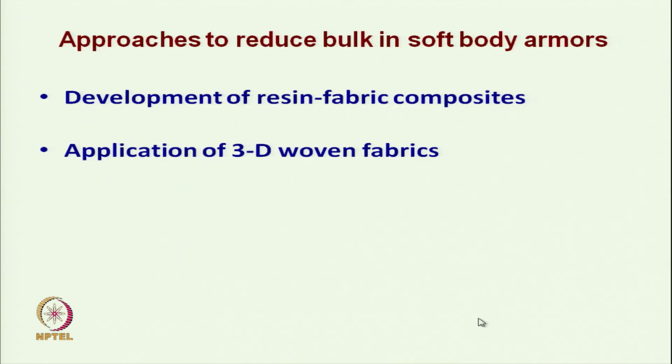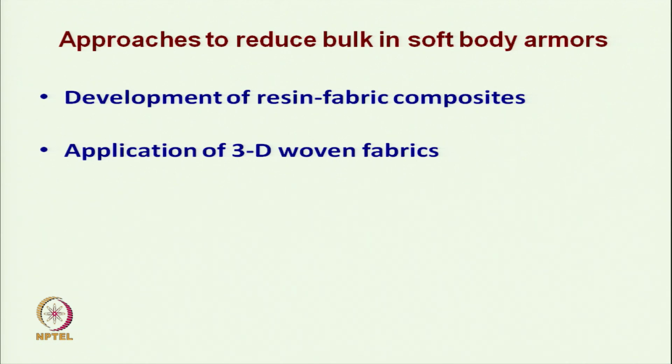Now, there are different approaches to reduce bulk in soft body armor. As we have already mentioned, soft body armor development should be in the area of reduction of thickness, increase in flexibility and reduction in mass.